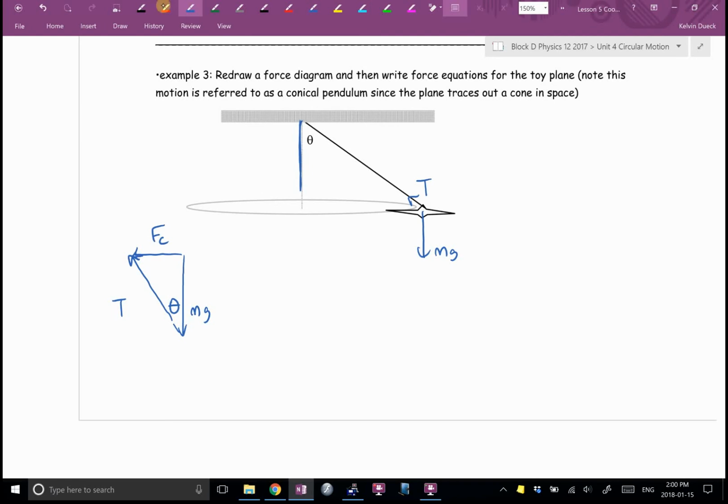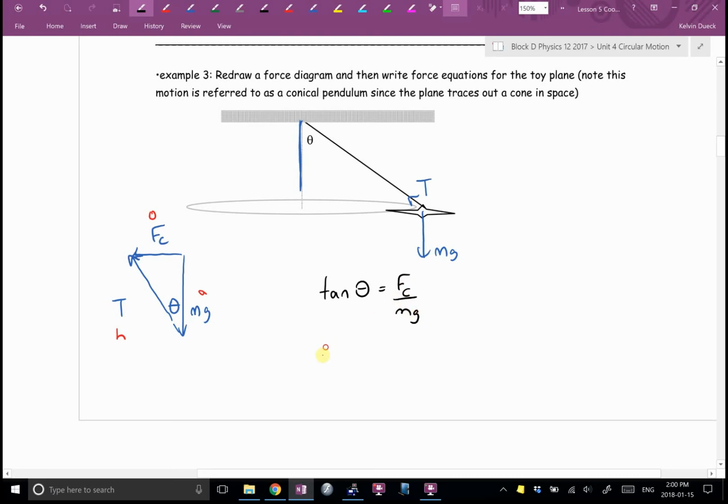Let's do some trig: opposite, adjacent, hypotenuse. What's the tangent equation? Tan theta equals what over what? More specific in this triangle?